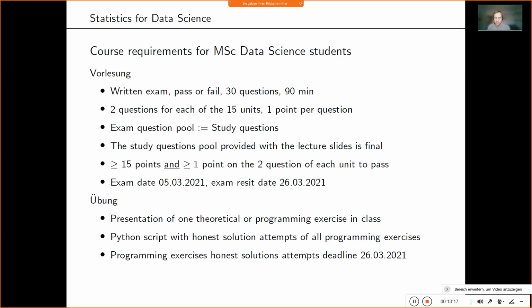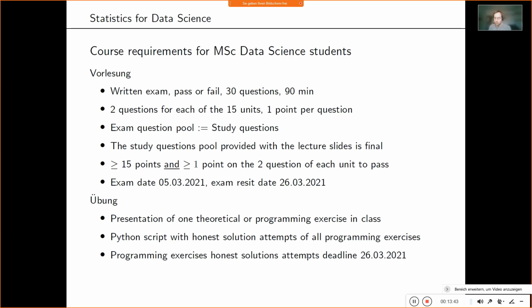The study questions this year are shared with the lecture slides. At the end of each lecture there will be a section on exercises, and the first part of the exercises will be study questions. As you will see, the study questions essentially want you to reproduce definitions or core concepts from the lecture slides.